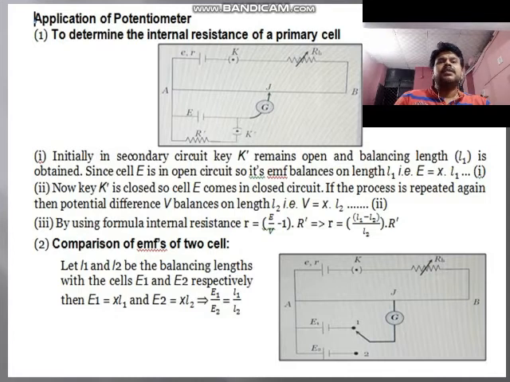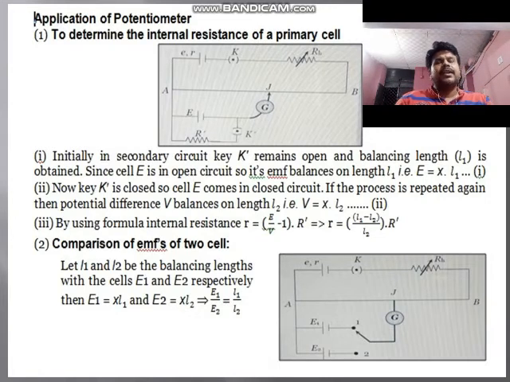Now we are going to learn about application of potentiometer. As discussed earlier, potentiometer circuit consists of two parts, the primary and the secondary. See the figure. To determine the internal resistance of a primary cell using the potentiometer, the primary circuit remains the same as discussed earlier.